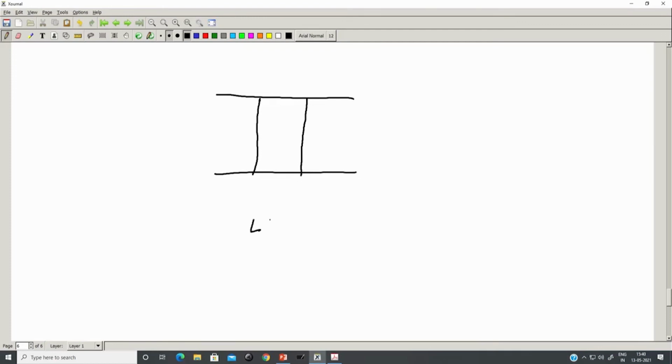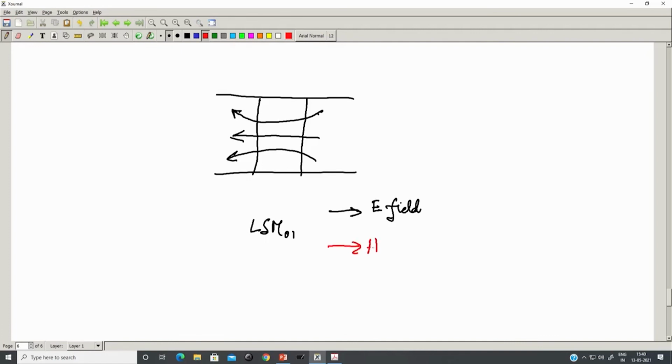If I draw the field properties of the LSM-01 mode, so this will be the electric field. And if I draw the magnetic field, this is the magnetic field.